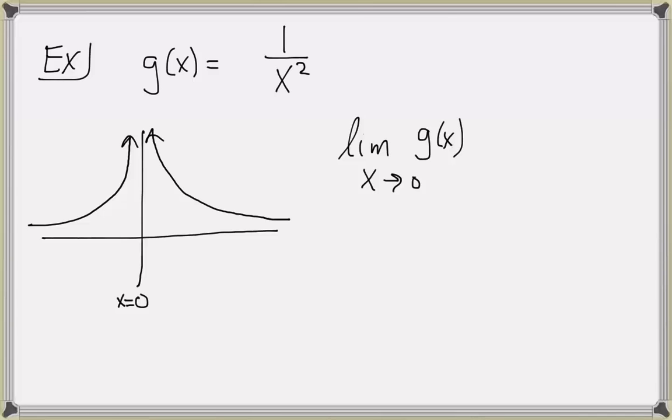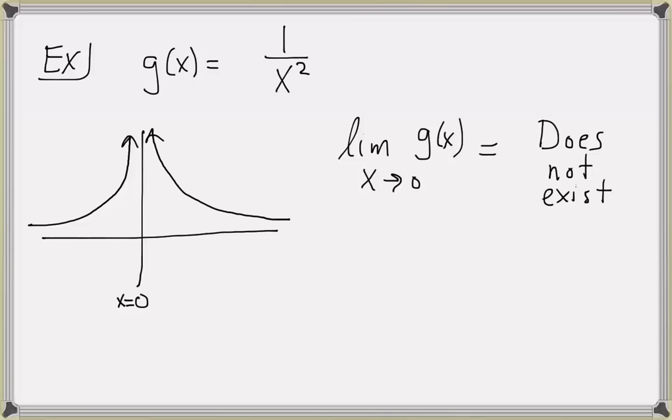You could find a value of g of x as large as you want by taking a value of x closer and closer to 0. So this limit does not exist either, because the values of g are not approaching one single number as x gets closer and closer to 0. Because the values of g of x are getting infinitely large as x approaches 0.